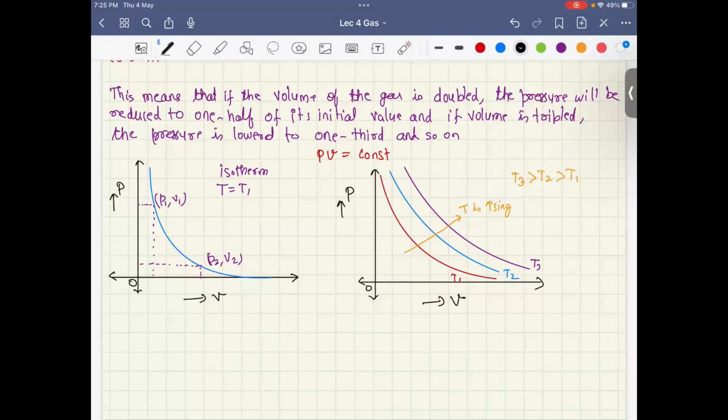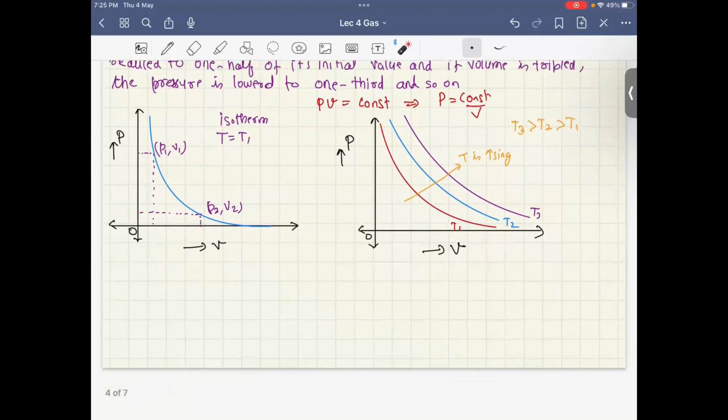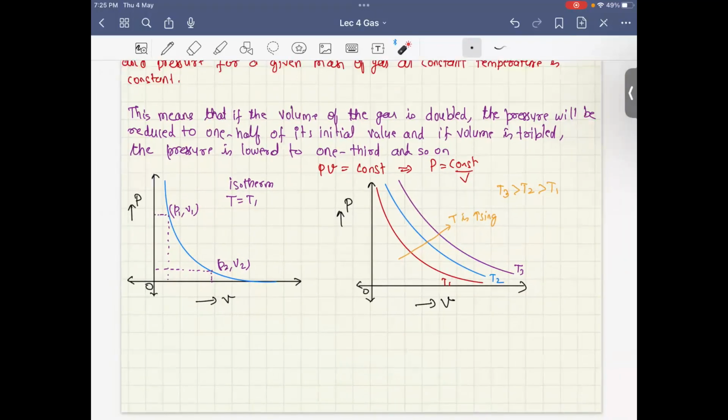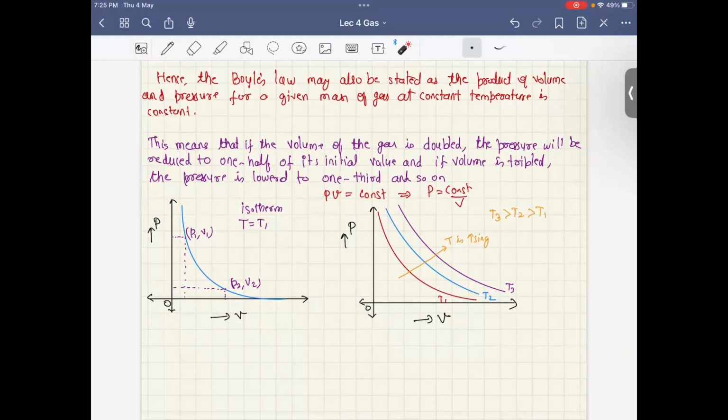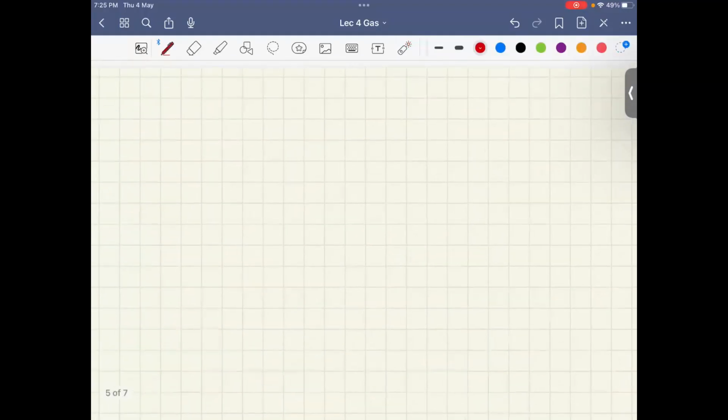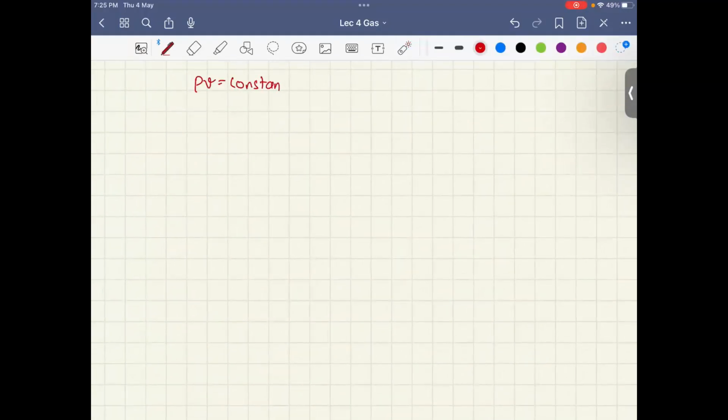However, if we change this expression, let's say if instead of V, we plot 1 by V, then what are we going to get? This is the equation of a straight line, right? Y is equal to mx, where x is 1 by V and slope is going to be the constant value, right? PV is equal to constant. What does that mean?